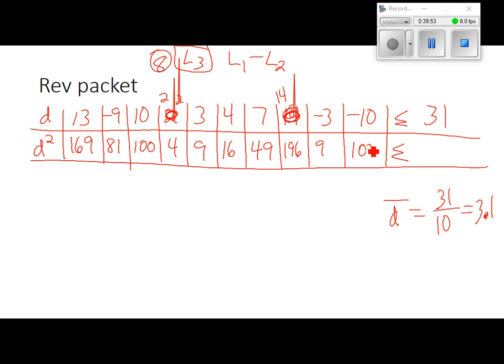I don't know, what did I add wrong? I added it up 3 times and 100, 4, 9, 16, 49. Now I see it. I subtracted wrong. I said 116 minus 102 is 4.